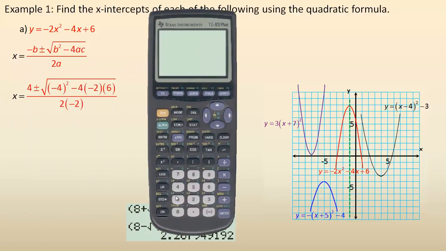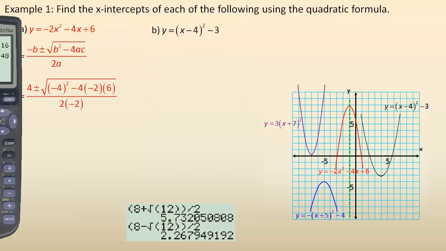So at the beginning here, -4 squared will be 16. And then now I'm going to use the sign for the -4, so it'd be -4 times -2 times the 6. So it's going to be 16 plus 48 under here. And of course, 2 times -2 is -4.